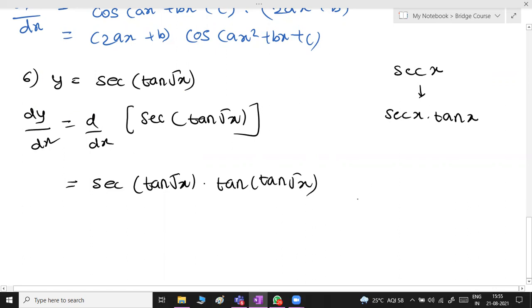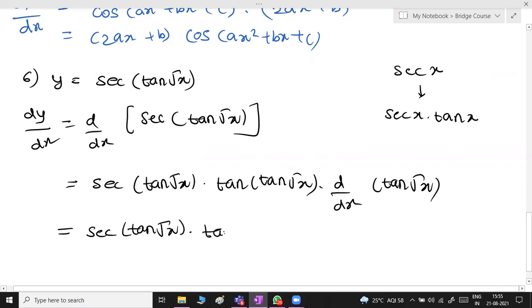Again, don't forget to differentiate that tan root x. ठीक है. उसके बाद root x भी differentiate हो सकता है. But let's go step by step. So here I'm going to get, इसमें तो कुछ change नहीं हो पाएगा, sec tan root x into tan of tan root x into, what is differentiation of tan x? Tan x is nothing but sec square x.